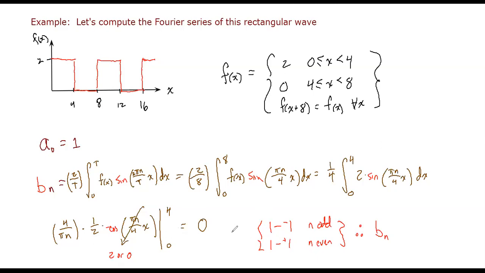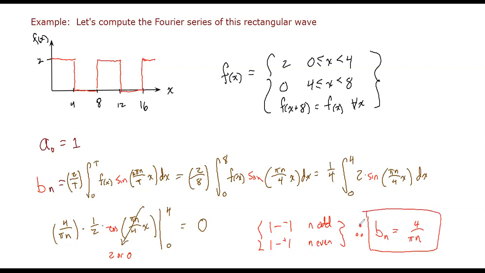So cosine of 0 is always equal to 1, and there's a -1 out in front. And then cosine of pi n is going to be equal to either +1 or -1, depending on whether it's 2 or 3 or 4 or 5, even or odd. Okay, so then we get b of n is 4 over pi n.